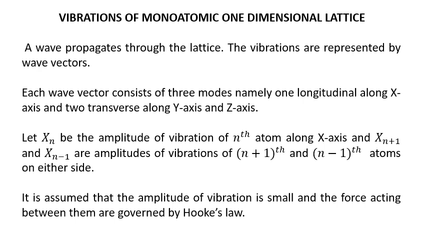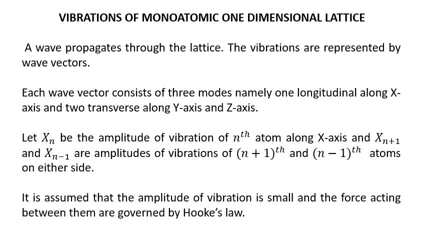When an atom vibrates, there will be changes in its amplitude. If there are n atoms, the amplitude of the nth atom will be xn. It is along the x-axis. xn plus 1 and xn minus 1 are the amplitudes of vibration of the n plus 1th and n minus 1th atoms on either side of xn.